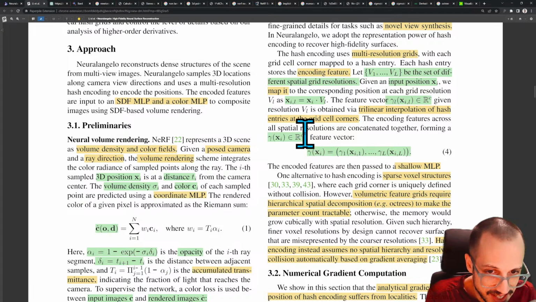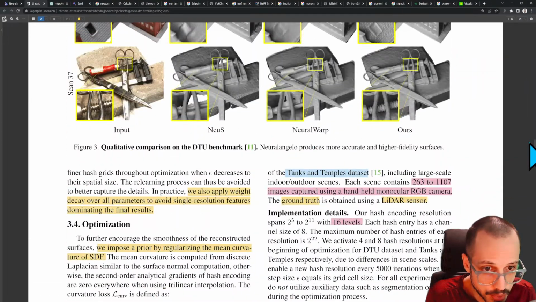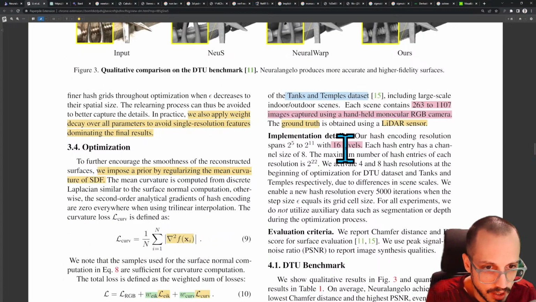They said L equals 16, and C, which is the dimensionality of the individual feature vector, is 8. So 16 by 8 is the dimensionality of the concatenated feature vector at each point. Each hash entry has a channel size of 8. The maximum number of hash entries of each resolution is 2 to the 22.